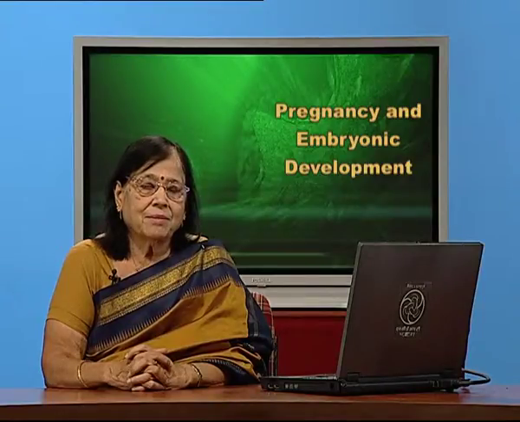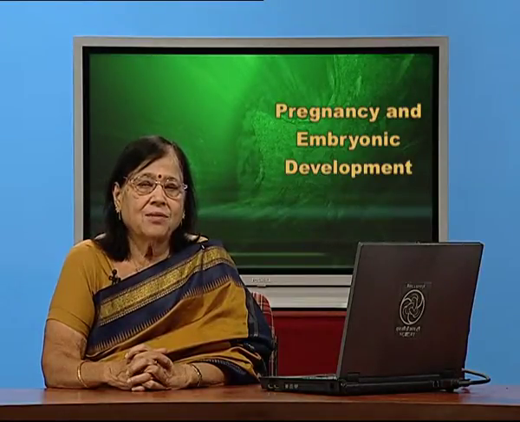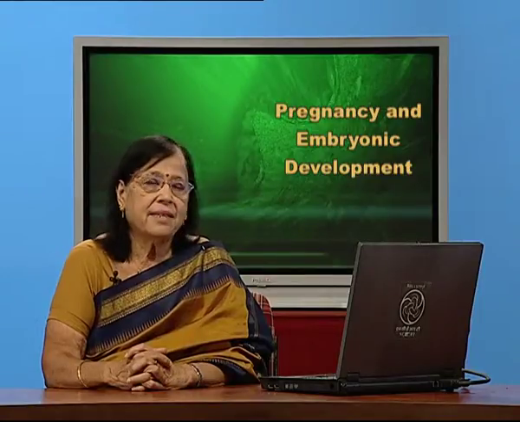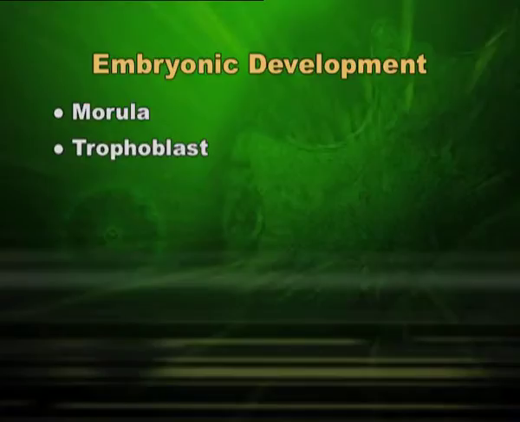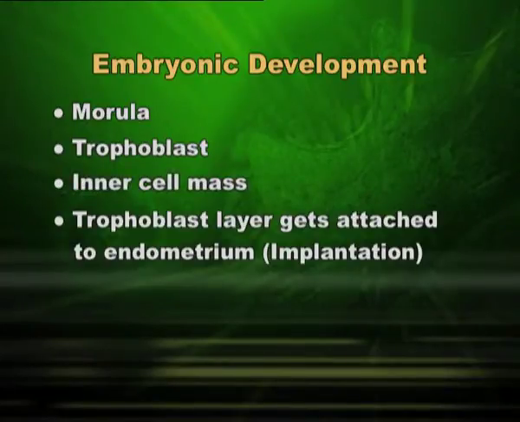The inner cell mass, which is important for differentiation, is there at the developing stage, and the trophoblast layer gets attached to the endometrium. What I am trying to explain here is that the trophoblast layer is important. It has an inner mass and the outer layer is the trophoblast layer, and that is instrumental in getting attached to the uterine endometrium at the time of implantation.